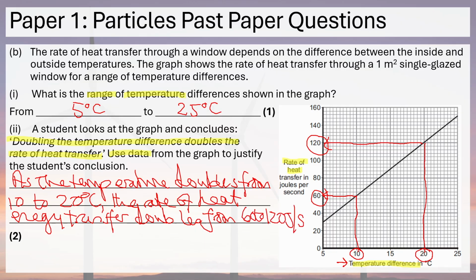So you must put in some numbers there because it does say use data from the graph. Now I've chosen 10 to 20, but you could have gone from any number. So if you double 5 to 10, you'll also see that it doubles from 30 to 60 and so on. So any numbers will do, but make sure you quote the numbers in your answer.